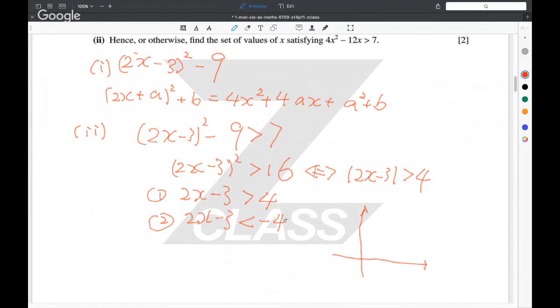Well, we can see by observation that it's never negative, and it touches the x-axis at x equals 3 over 2. So it will look something like that.